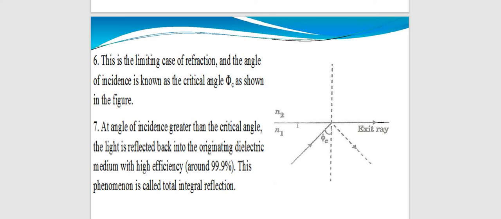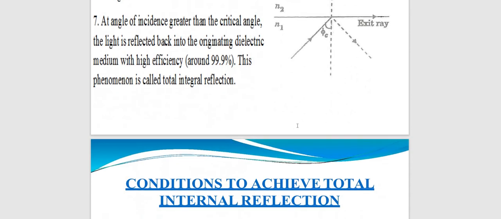At an angle of incidence greater than the critical angle, as we said, the light is reflected back into the originating dielectric medium with a maximum efficiency of 99.9%. This phenomenon is called total internal reflection.